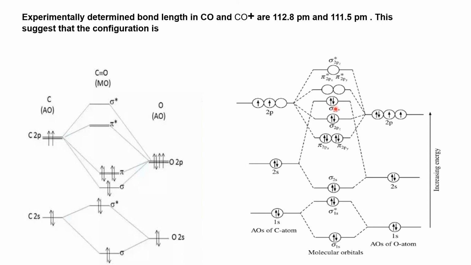Because bond order is equal to the number of electrons in the bonding molecular orbital minus the number of electrons in the anti-bonding molecular orbital, divided by 2. So, to explain this phenomenon, we have to change the molecular orbital configuration to sigma 1s, sigma star 1s, sigma 2s, pi 2px2, pi 2py2, sigma 2pz2, and finally sigma star 2s2.